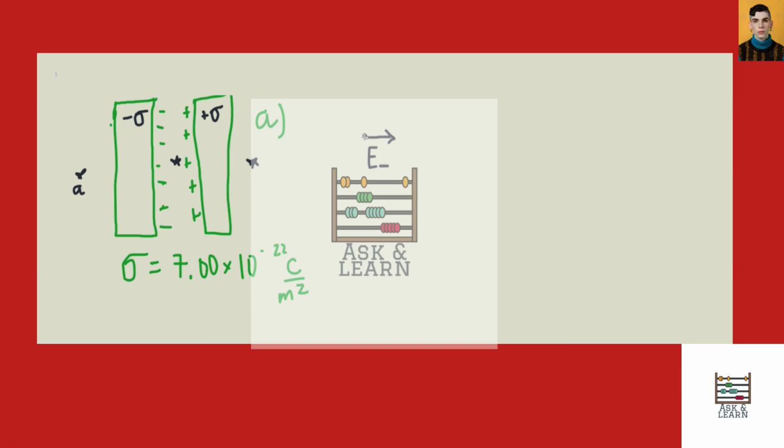And now I want to get the electric field due to the positive sheet. The electric field due to the positive sheet points away from that sheet. So over in zone A, that's to the left. I'll label that E plus.